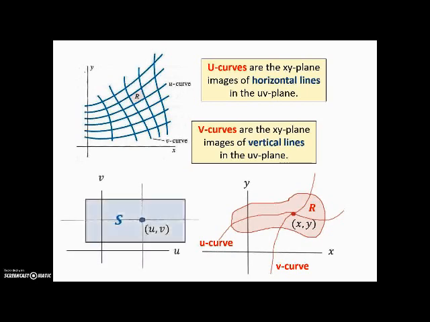What we are trying to do is find an equivalent region that is vertically or horizontally simple in the uv plane, in this case a rectangle, which is very easy to integrate over. And then T inverse takes the point xy over to its image, uv, in the uv plane.